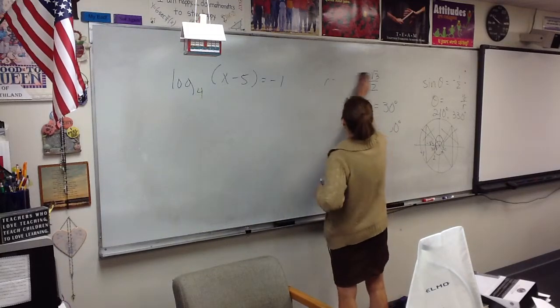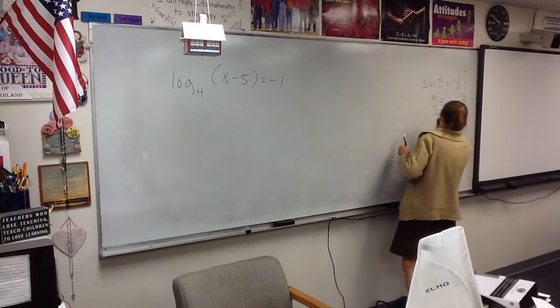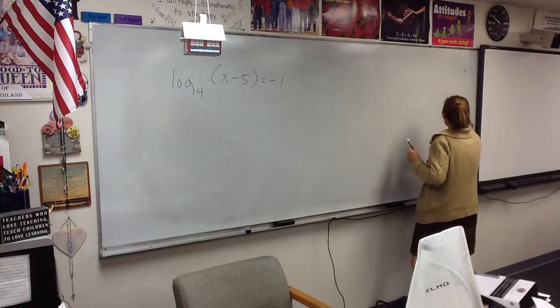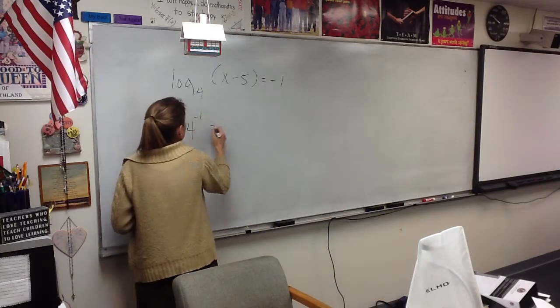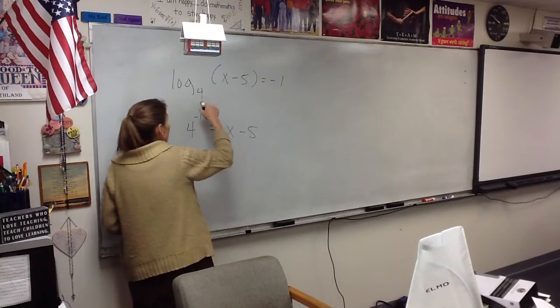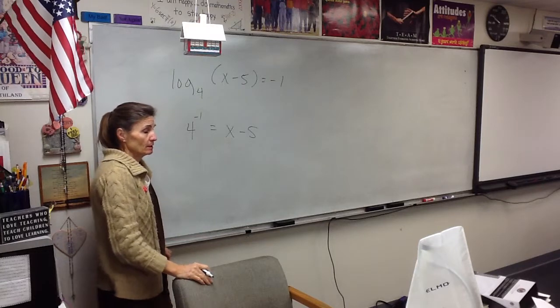You do 4 to the negative 1. That's what we do. We do 4 to the negative first equals x minus 5.